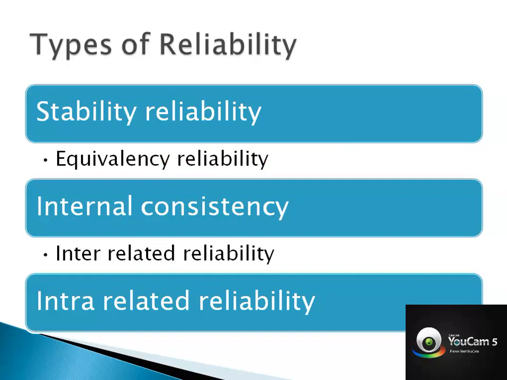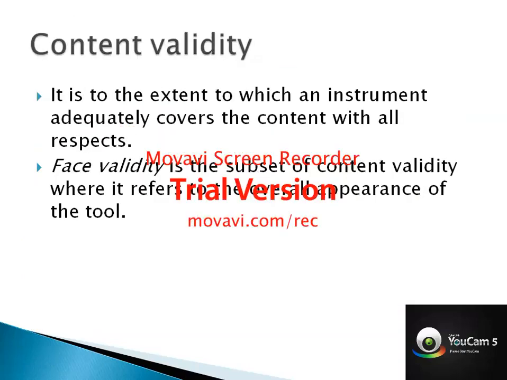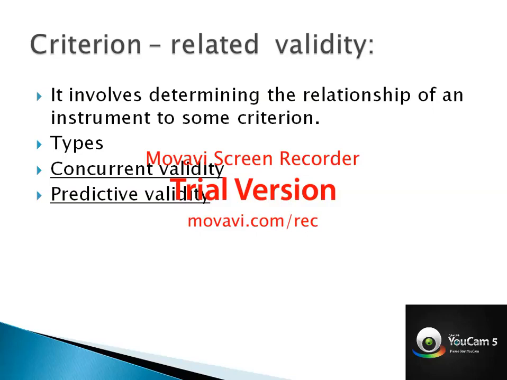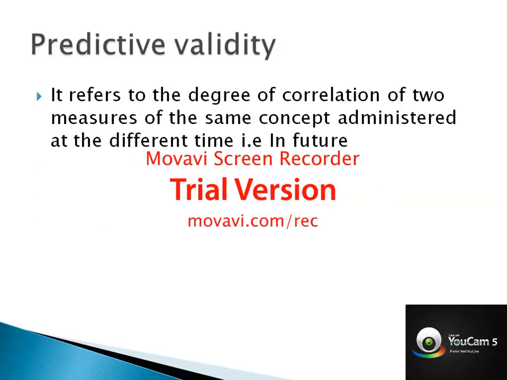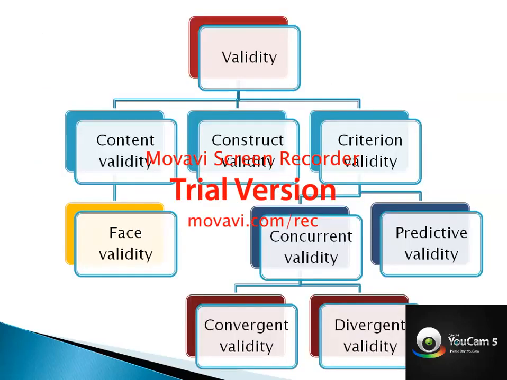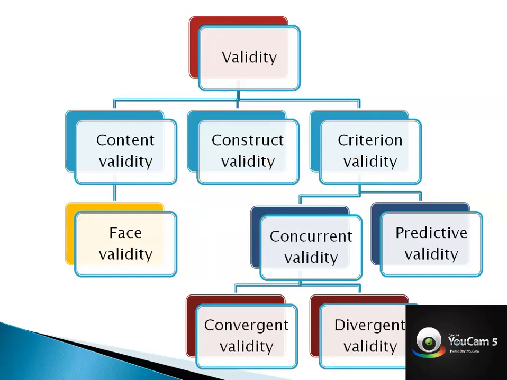Stability reliability, equivalency reliability, internal consistency, inter-rater reliability and intra-rater reliability. Clear? And validity is nothing but what the tool is measuring, it should measure exactly what it is meant to measure. So as per the concept of the research, it should be prepared.